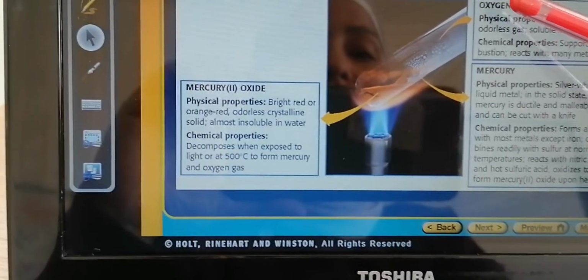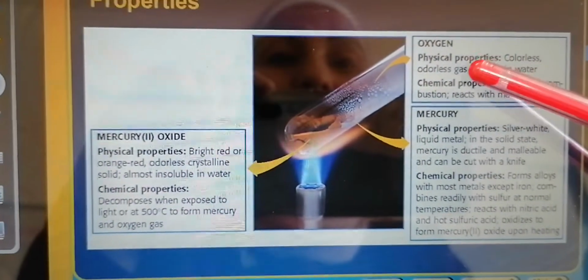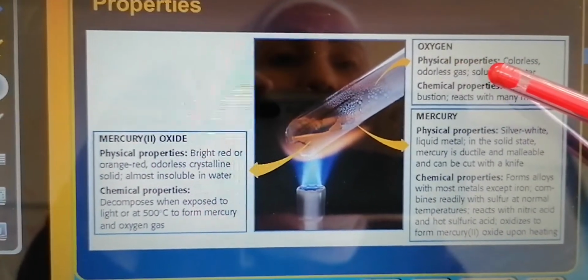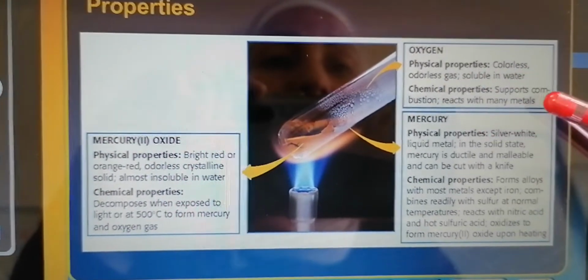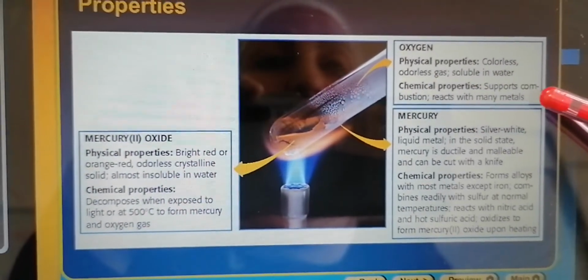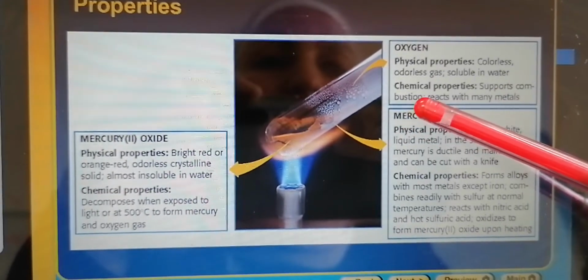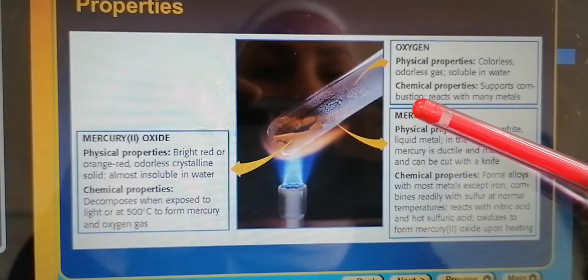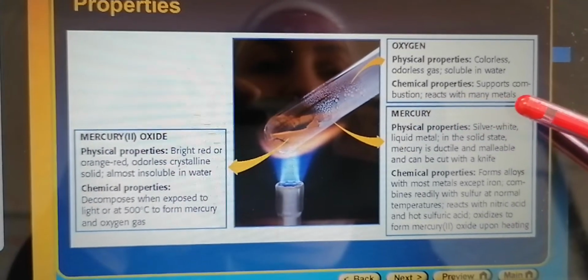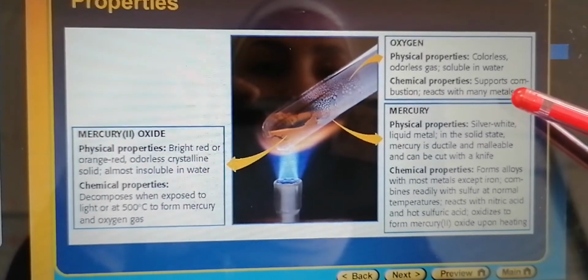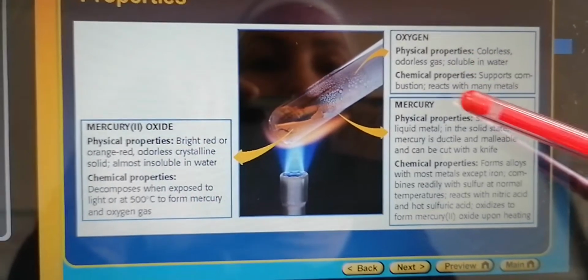Okay, same thing over here. If I'm going to talk about oxygen, I'm going to talk about the physical properties of oxygen, which are colorless, odorless, soluble in water. Its chemical properties are that it supports combustion, which is just another word for burning. And it reacts with many metals.